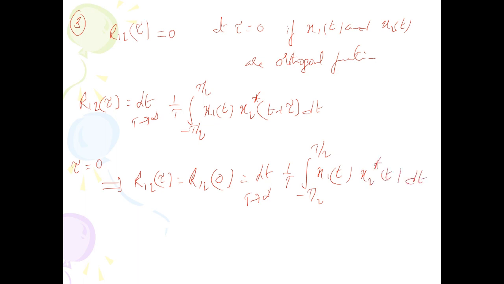As per the statement of orthogonality, whenever two functions are orthogonal, their product integrated over any time period will be equal to 0. Therefore R12 of 0 is 0 if x1 of t and x2 of t are orthogonal functions.